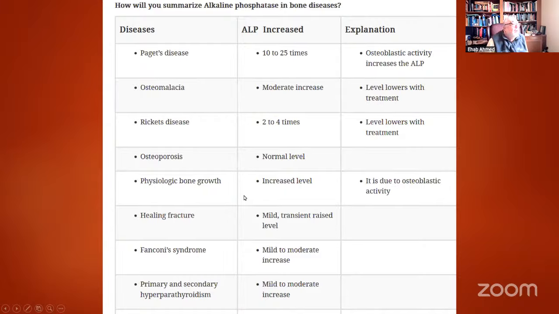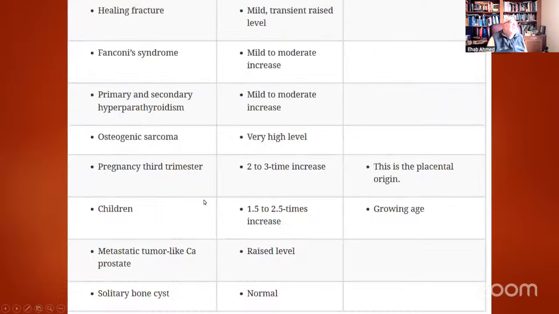Bone growth, of course, this is normal. Following fractures, yes. In hyperparathyroidism, whether primary or secondary. That's why, although this disease is very rare, it opened a lot of discussion about differential diagnosis and many other medical problems.